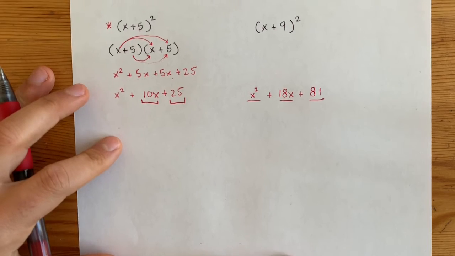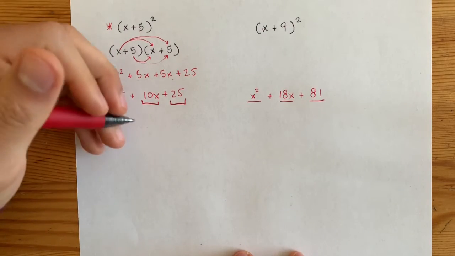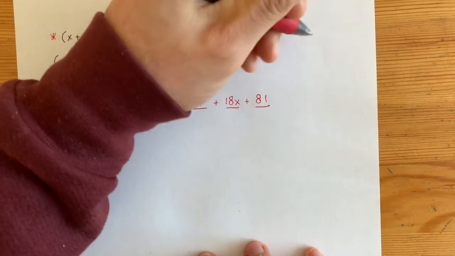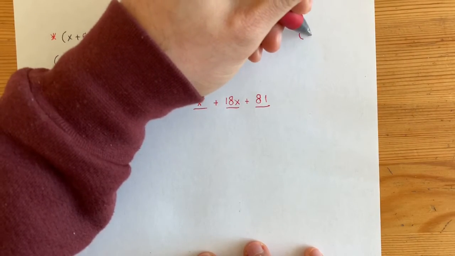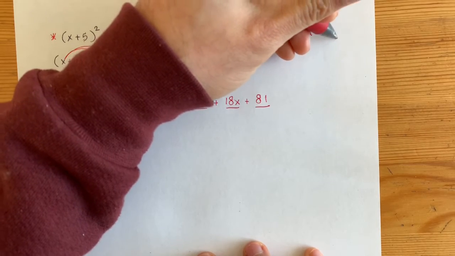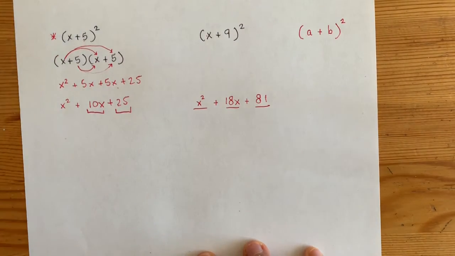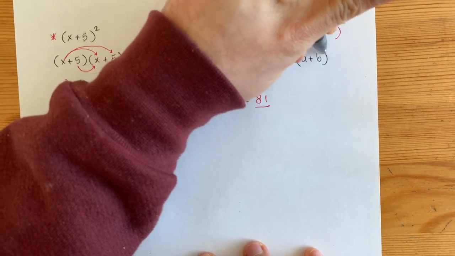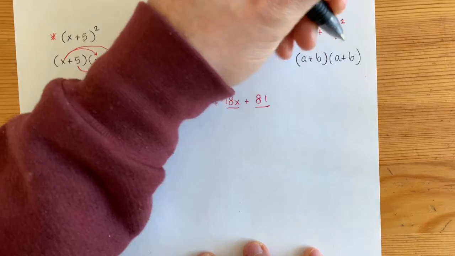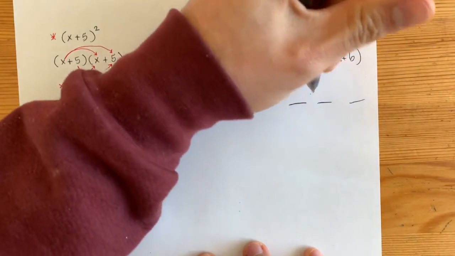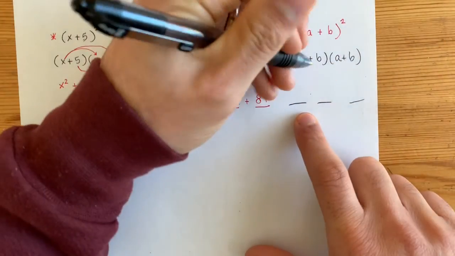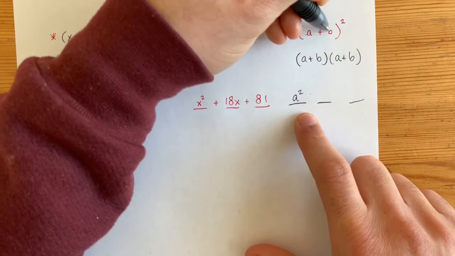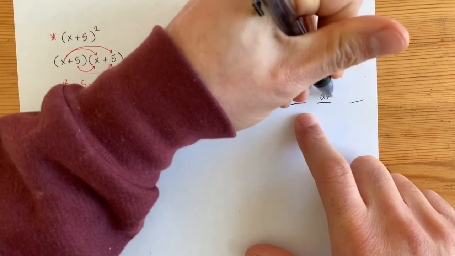Now let's actually do something tricky here. Let's say it's just letters, a plus b squared. The best thing to do would be to understand that this is times itself, but if we can see the pattern of what we get, it would be a times a is a squared, and then this times this doubled, a times b doubled, would be ab doubled.